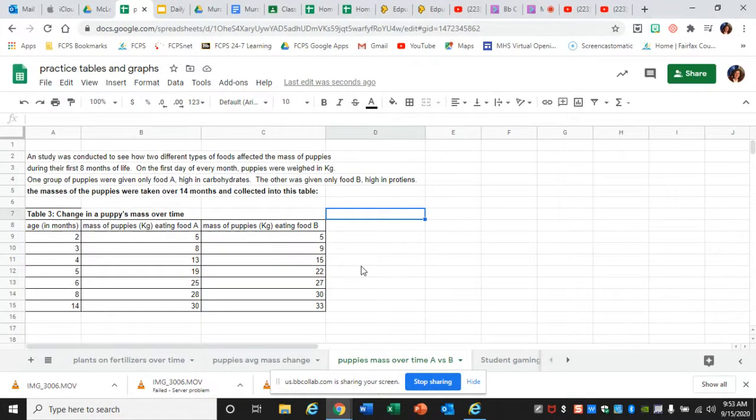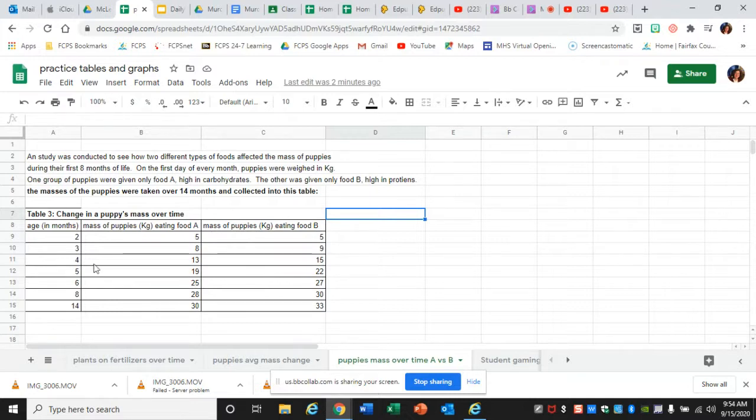Whenever I give you a data table, I'm always going to make it so the column to the far left is what you're going to want on your x-axis. The columns to the right of that column are going to appear on your y-axis. The computer will read it that way if you do it exactly the way I showed.